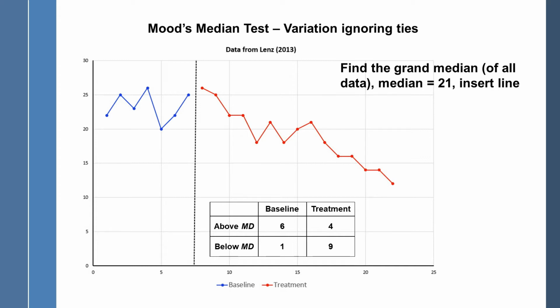Find the grand median of all the data points. Add your horizontal line across from the y-axis. In this case, the median is 21, so we add the horizontal line at the value of 21 on the y-axis. As you can see with the classification table that I produced down here, for the baseline, we have one data point that's below that median and 6 that are above: 1, 2, 3, 4, 5, 6.